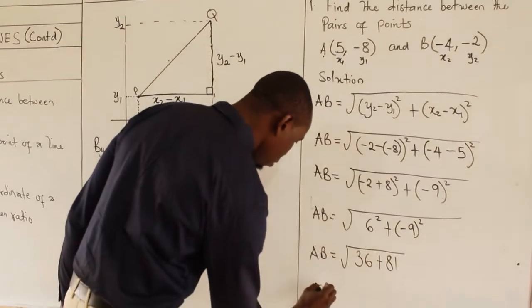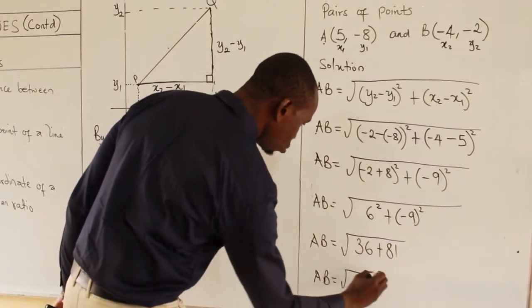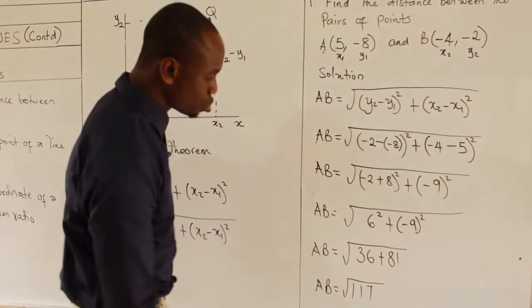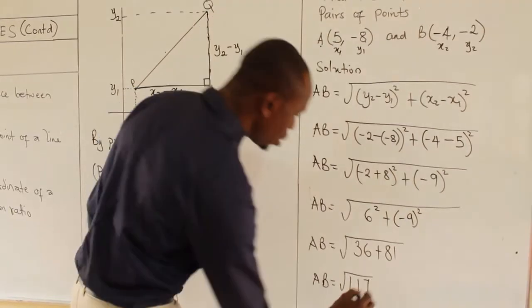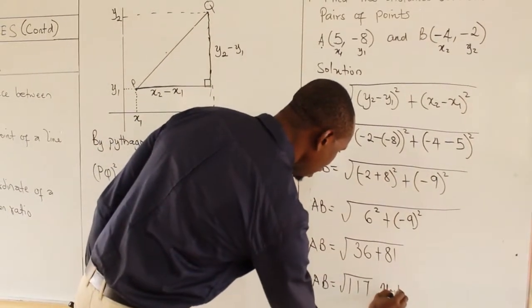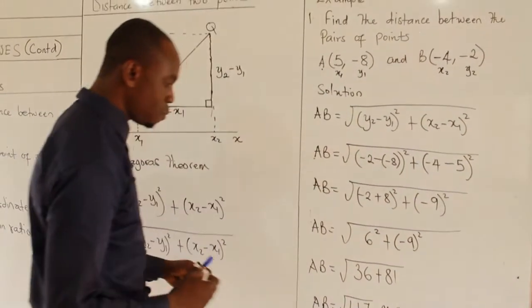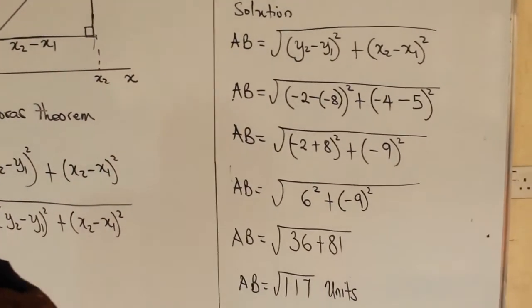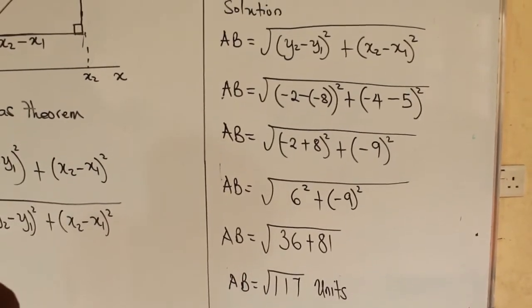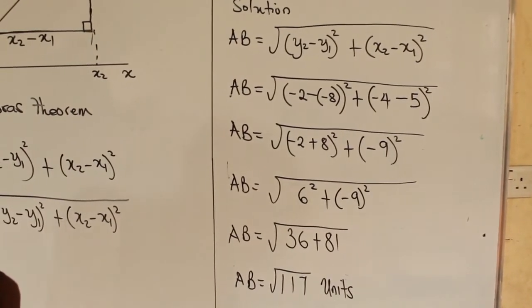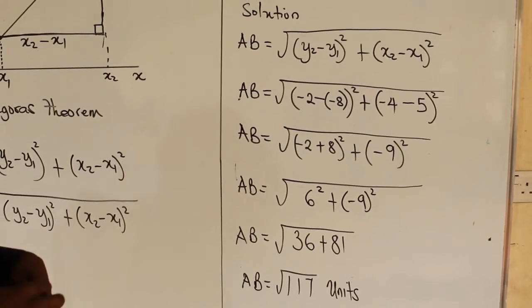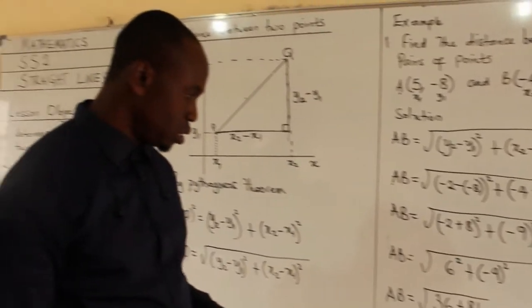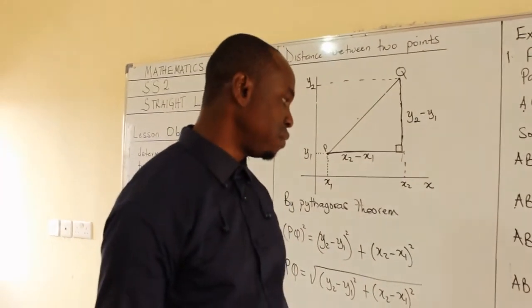So AB is equal to square root of 117 units. So we're leaving the answer in root form because 117 is not a perfect square. So the distance between the points A and B has been found to be root 117 units.